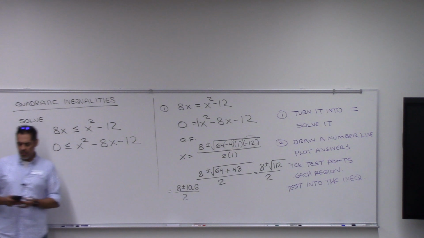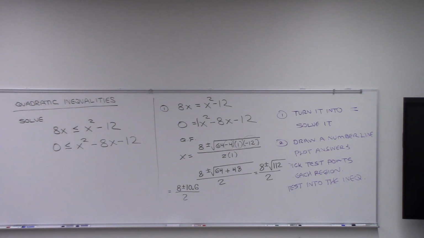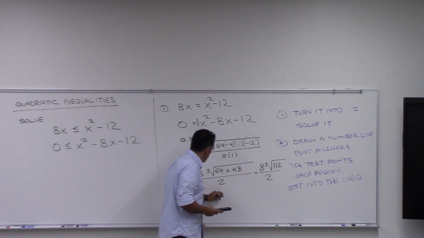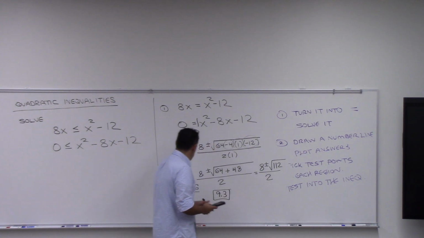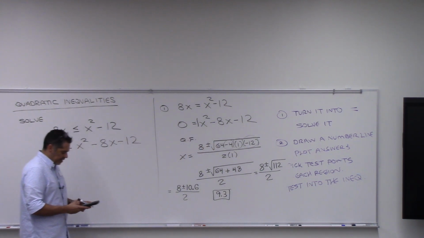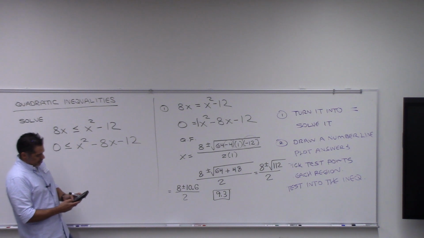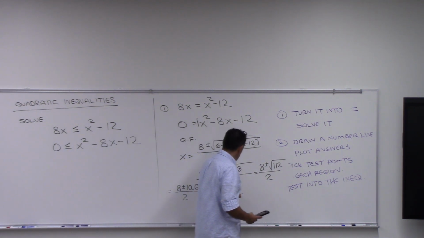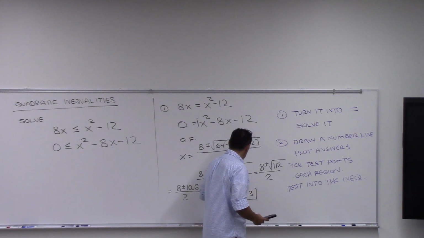And now I'm going to get those two answers. So 8 plus 10.6 divided by 2, 9.3 is one answer. And the other answer is 8 minus 10.6 divided by 2, negative 1.3.